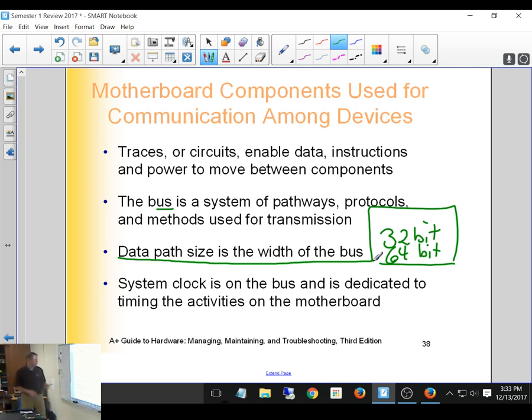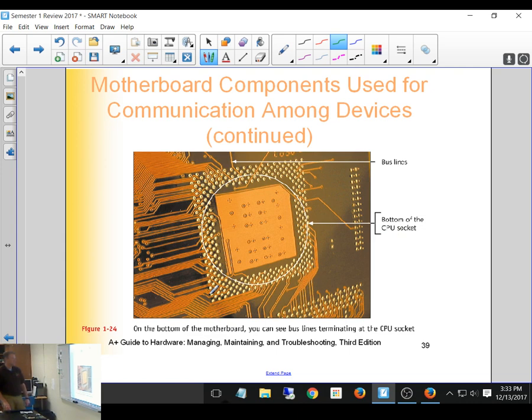We also know that the system clock is what sets the speed and syncs up all those things that go around the bus on the motherboard, and that's determined by the speed of the memory that we've got installed inside our computer. All those buses terminate at the CPU socket.